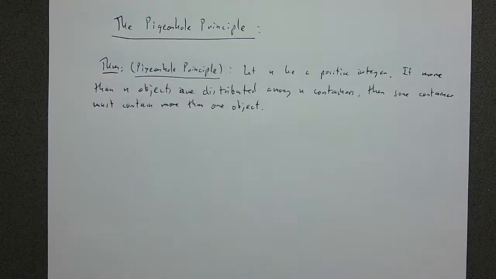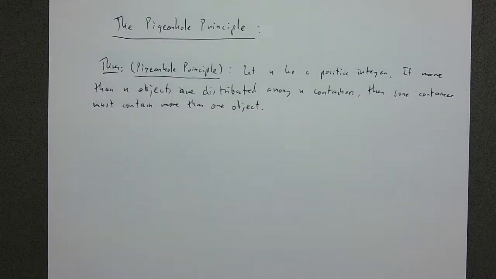What's maybe the easiest way to see that this is the case? Well, you have n containers. Suppose that each container held at most one object. So suppose the max number of objects you could have in a container was 1.